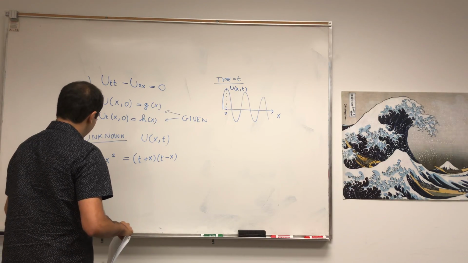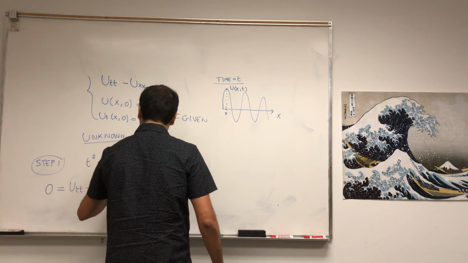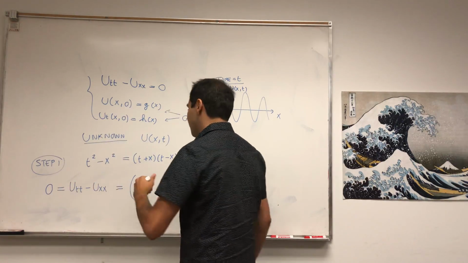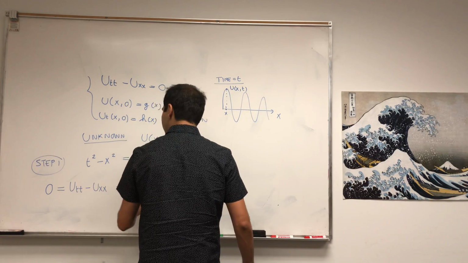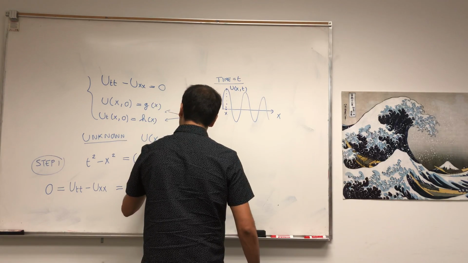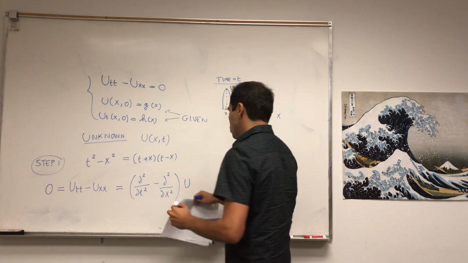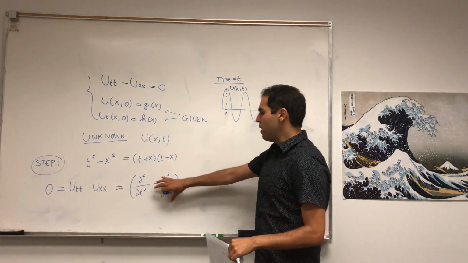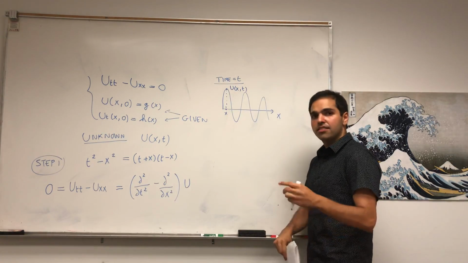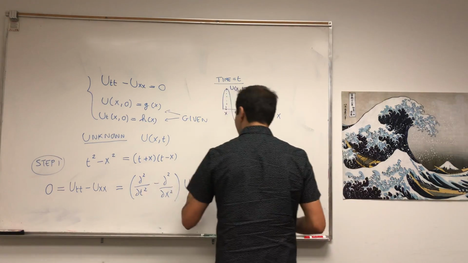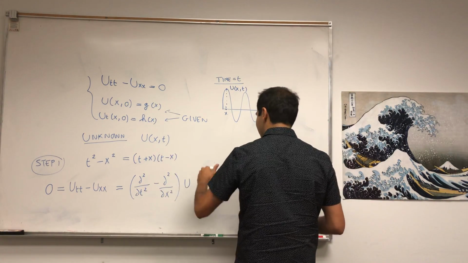On the one hand, utt minus uxx equals 0, but in terms of differentiation, you can write this as take the derivative with respect to t twice minus take the derivative with respect to x twice. So suppose you have a function u and you apply this differentiation operator, then you get utt minus uxx, and that equals 0. And you can actually write this in terms of a factorization.